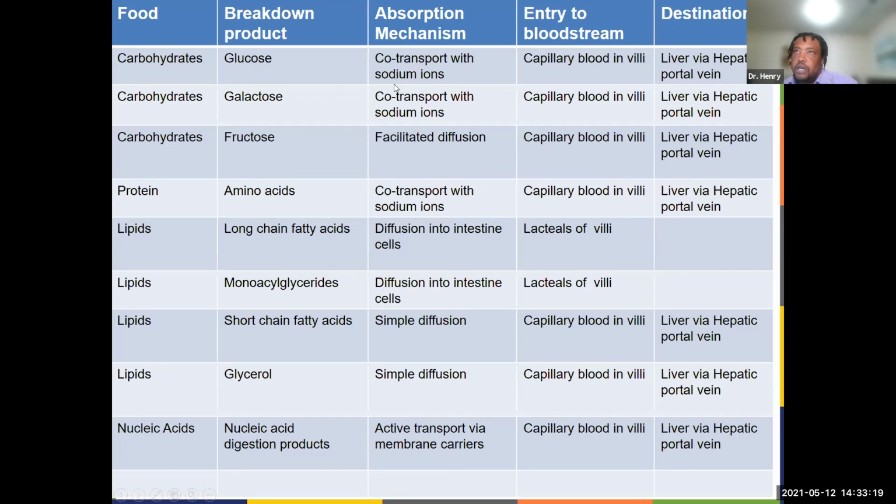Oh, no. Okay, so the absorption is going to be co-transported with sodium ion. You remember when we have those channels that are opening up. So sugar is going to be able to get in because those channels are opening up as well. Okay. So that's what they mean by co-transported. In the case of fructose, we're going to have facilitated diffusion. So basically, we're going to need something to carry it across.